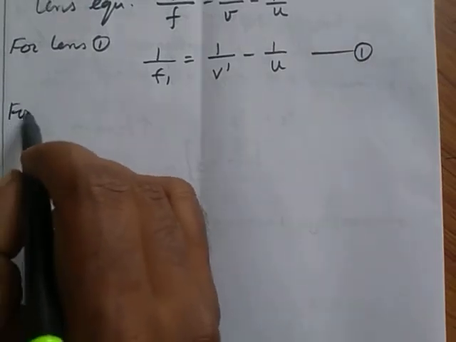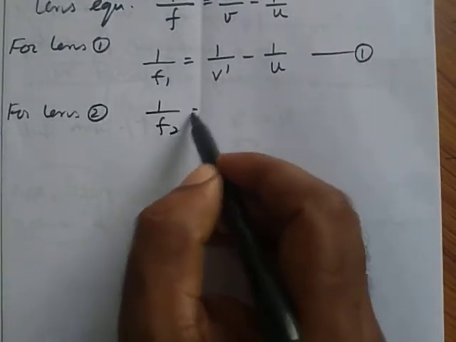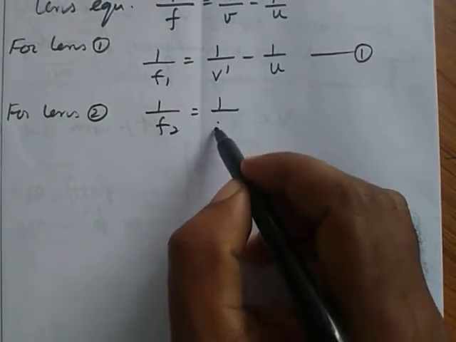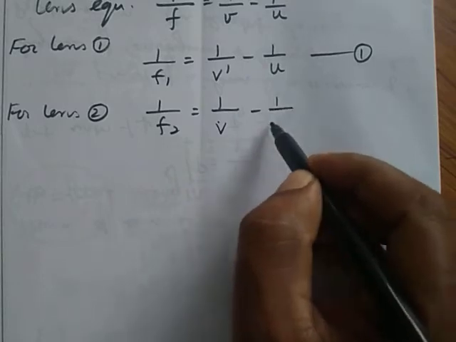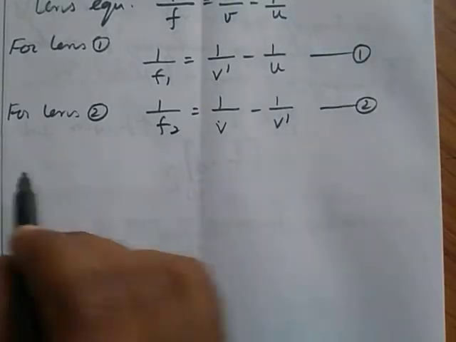Then for lens 2, 1 by F2 is equal to 1 by V minus 1 by V dash, since the object distance U acts as V dash. This is equation 2.